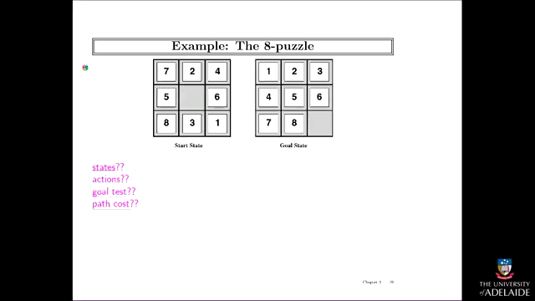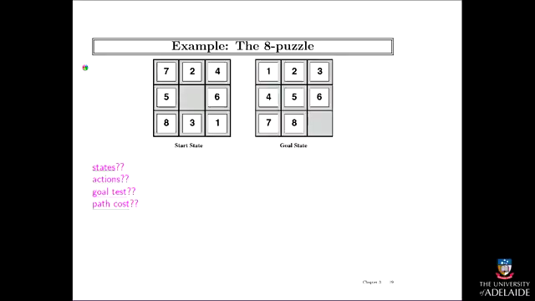Okay, slightly more complicated example. It occasionally crops up in tutorial questions and exam questions, and that's not suggesting that it will this year, just that it has in the past. So the 8 puzzle, you're probably all familiar with this. Anyone not encountered the 8 puzzle?